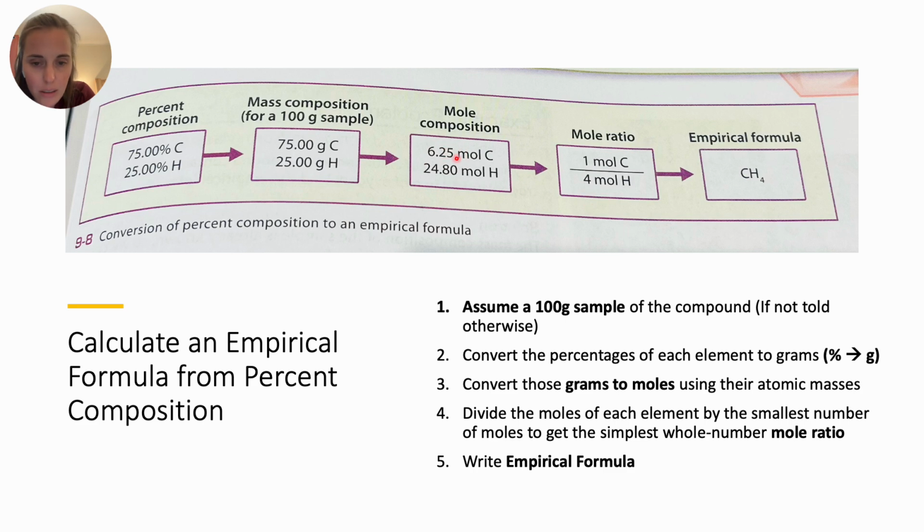So 6.25 and 24.80, you would divide each number by the smallest mole, which is 6.25. So I divide that by 6.25, I divide this by 6.25, and I get a 1 over a 4. And the 4 was rounded slightly up to get to 4. And then you have your empirical formula of CH4.